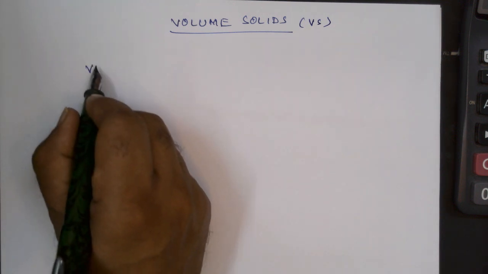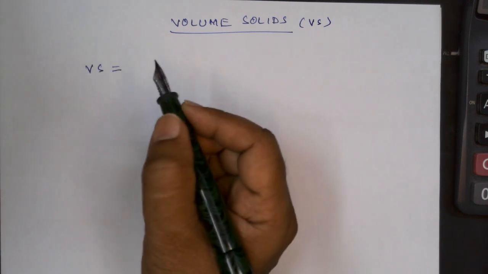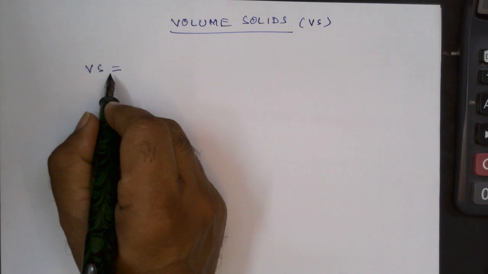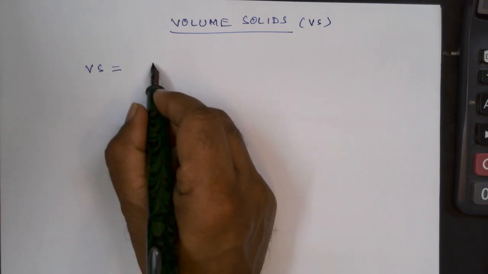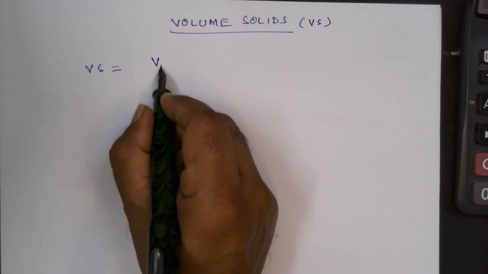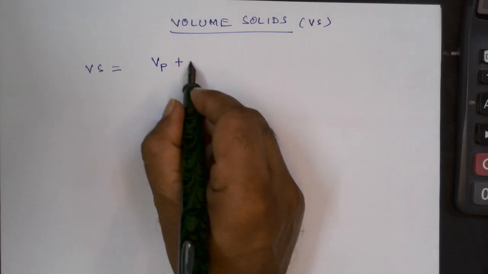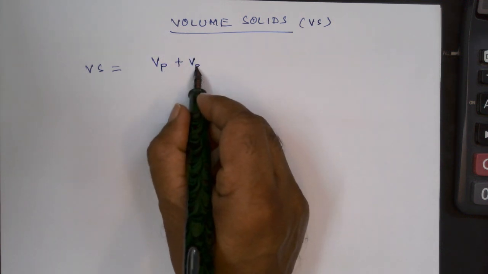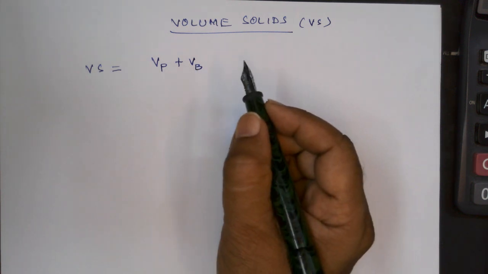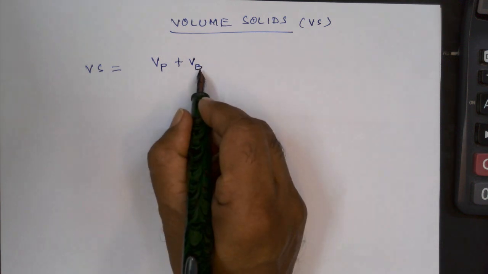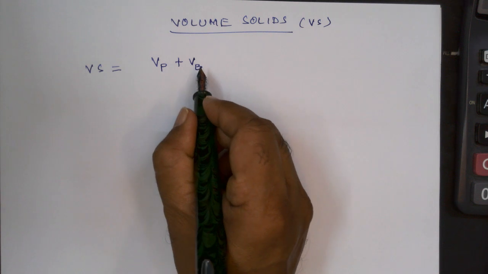So volume solid is given by this equation. Volume solid is equal to the volume of pigment plus the volume of the binder. When I say binder, it represents the solid binder.